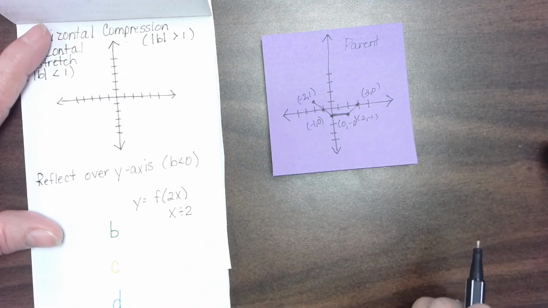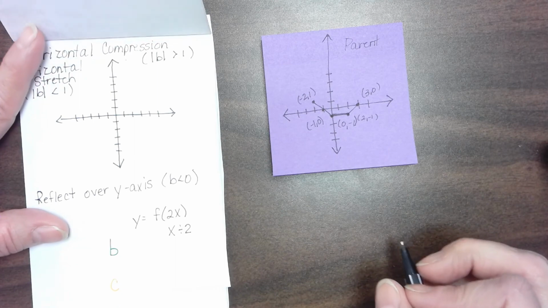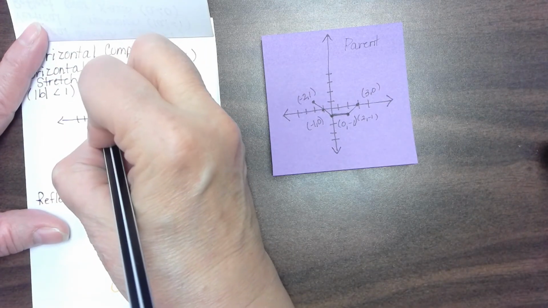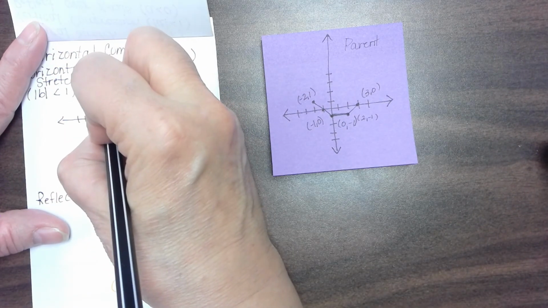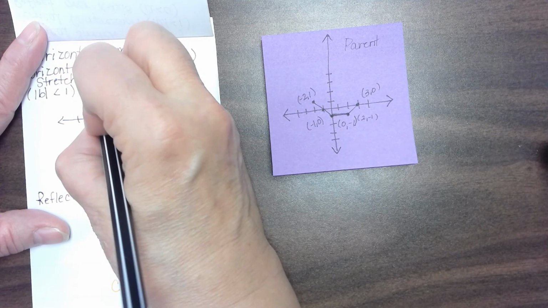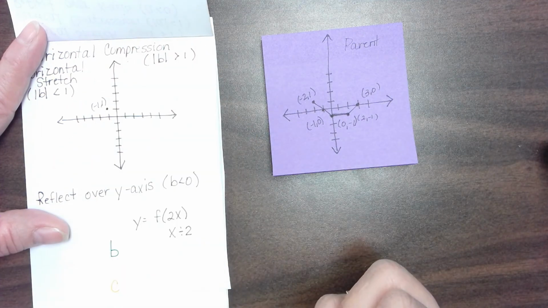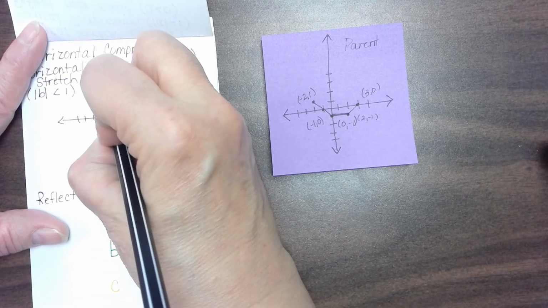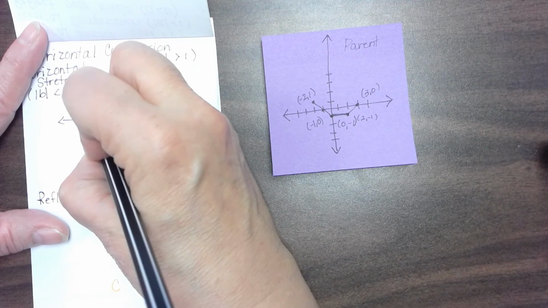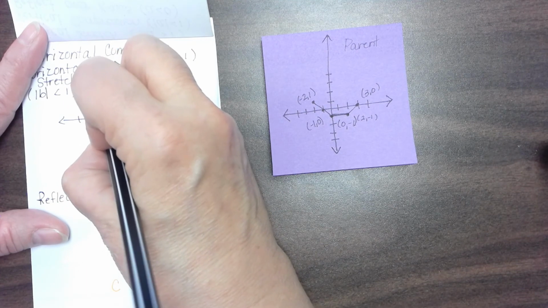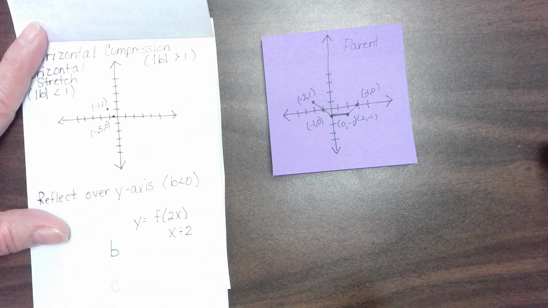So we have negative 2, 1. That's going to give me negative 1, 1. We're going to have negative 1, 0. The negative 1 will be divided in half, so we're going to have negative half, 0. Then we have 0, negative 1.